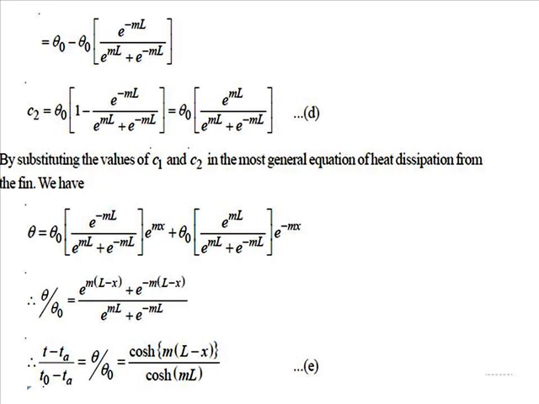So I can rewrite theta by theta 0 as (T minus Ta) divided by (T0 minus Ta), that is equal to cosh, the hyperbolic function cosh of m(L minus x), divided by cosh. This h is not the convection heat transfer coefficient.